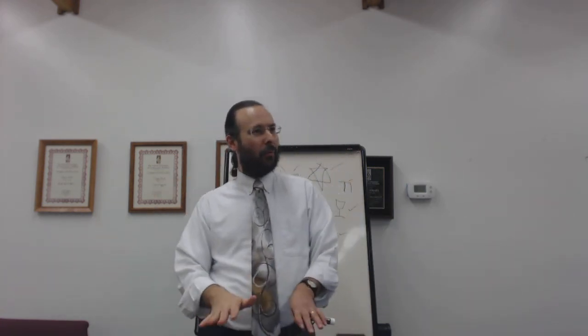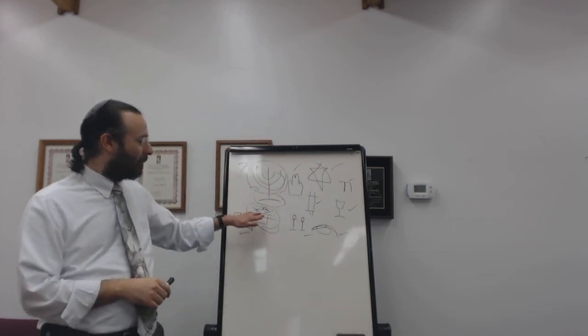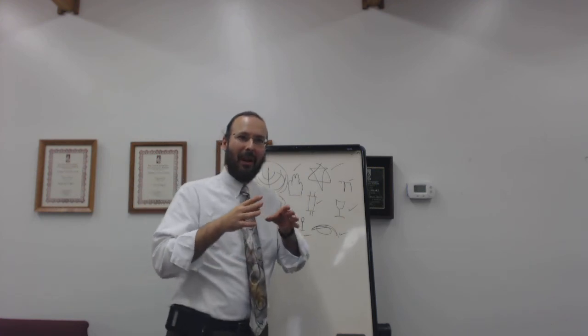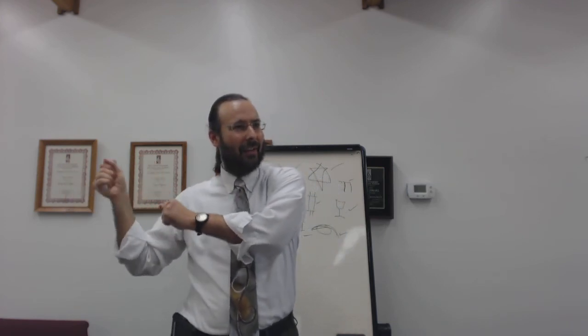Were they bird-like wings? But generally, we got the general form here, and we can draw a sketch even better than my lovely artistic rendering here, and be fairly certain that we are pretty close. That if we were to show it to someone in the ancient world who had seen the actual Ark of the Covenant, they would know what we were trying to show them a picture of.